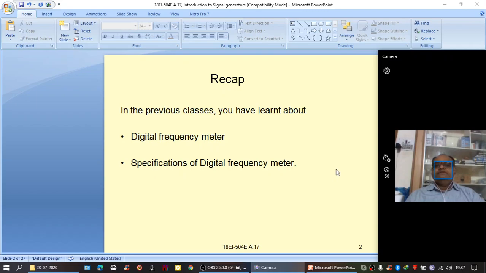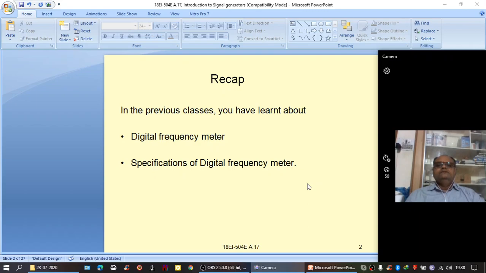That is the basic principle employed. And we have seen various specifications, according to the requirement: which type of frequency meter we have to select, what its operating temperature range is, what its frequency range is. All these details were discussed in the last class.